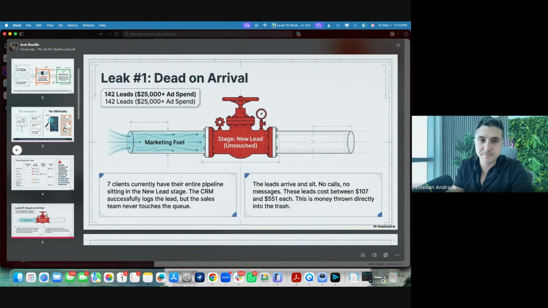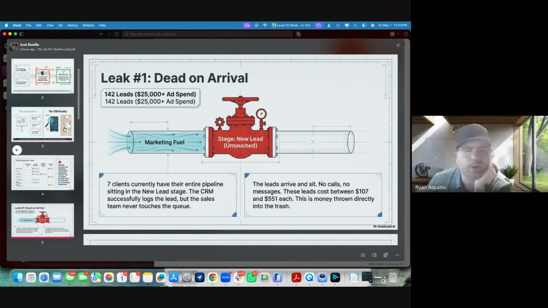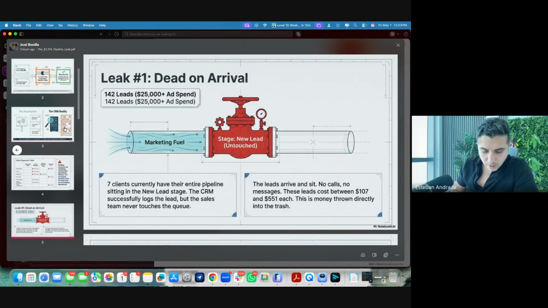Just real quick, how do you log that the system's not being used at a particular time? Well, Go High Level is already smart enough to log it for you.